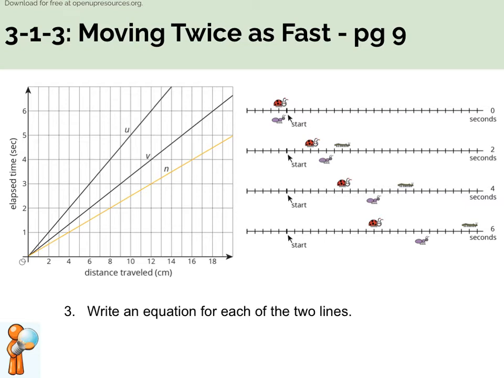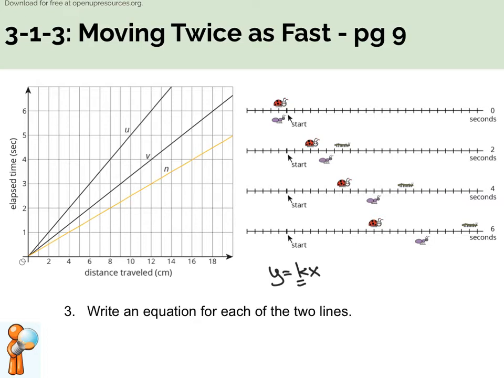And remember, when we have the proportional relationship kind of stuff, we are looking at the y equals kx. And this was in 7th grade. The k is that proportional relationship, and it's pretty much the unit rate on these. So go ahead, pause right now, and find the equations for the ladybug, the ant, and then the extra bug, which we call the spider.